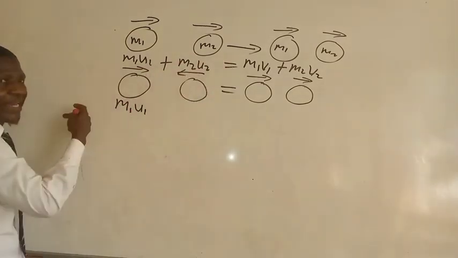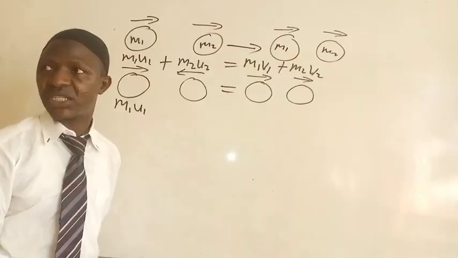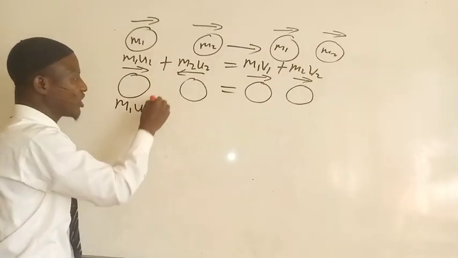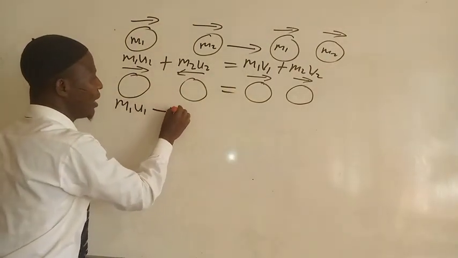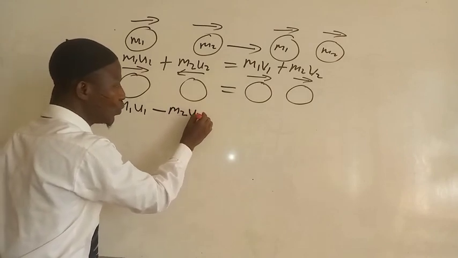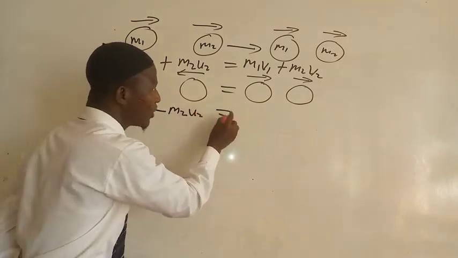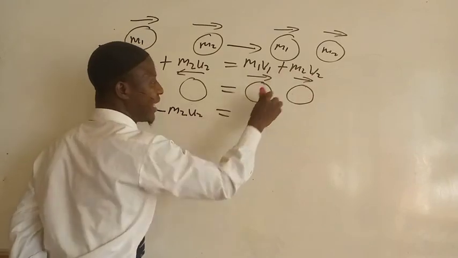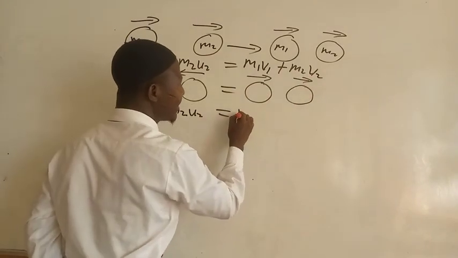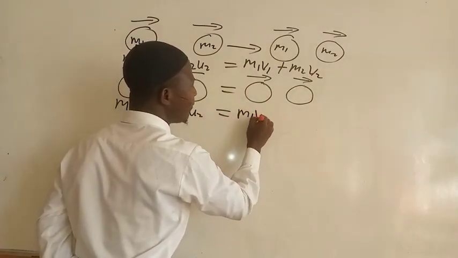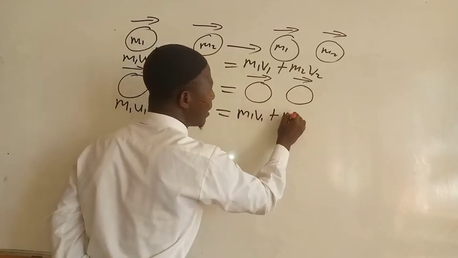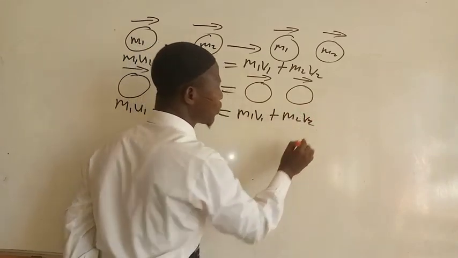Since this one is coming in the opposite direction, we change it to minus M2U2 is equal to, then in this direction, M1V1 plus M2V2.